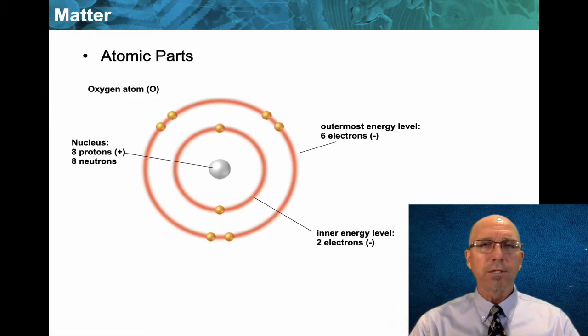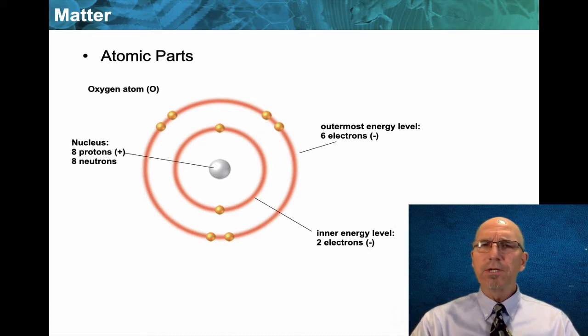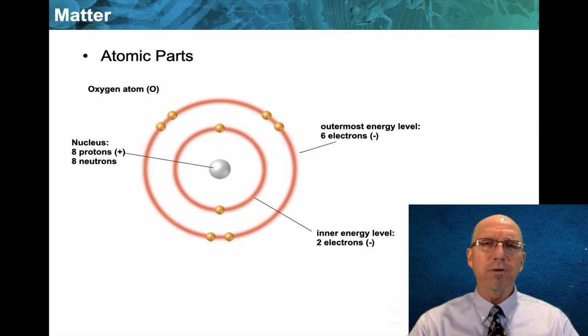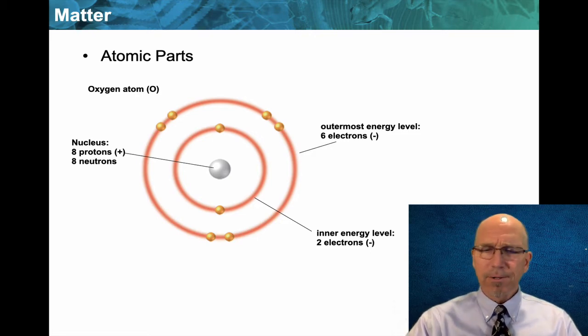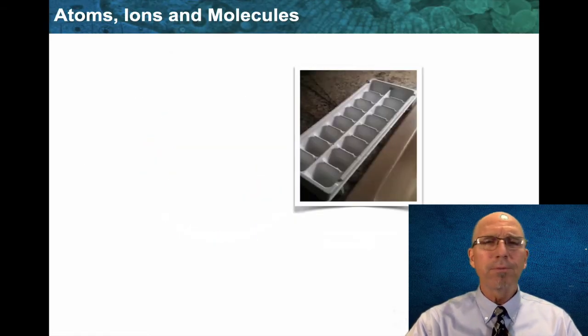Protons and neutrons are in the center of the atomic model in this case, and that makes up the nucleus. And then the electrons are flying around the outside, and they're in different levels based on the amount of energy that they have, right? So hopefully you remember something like that.